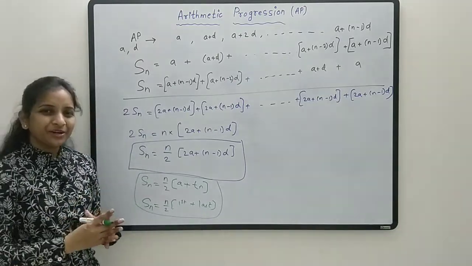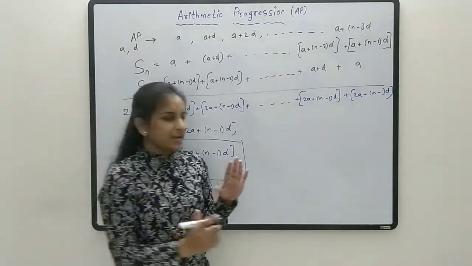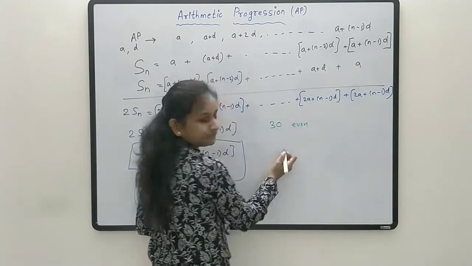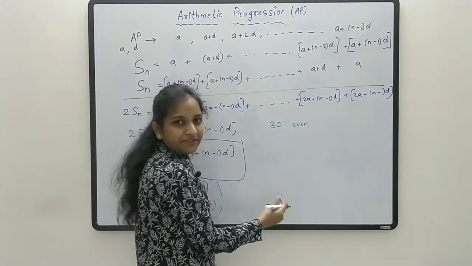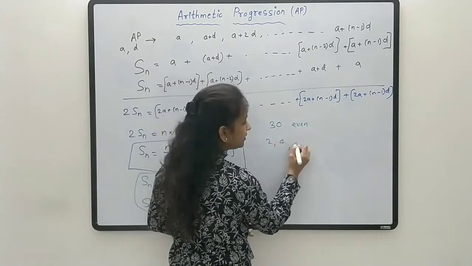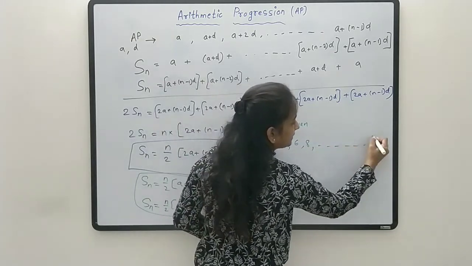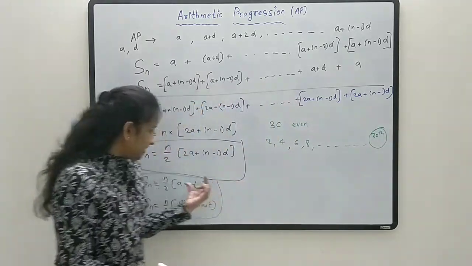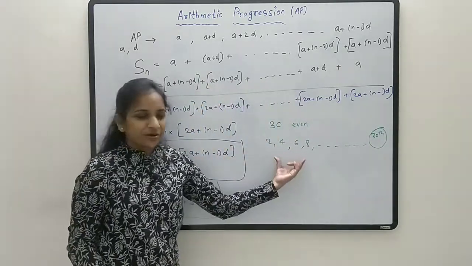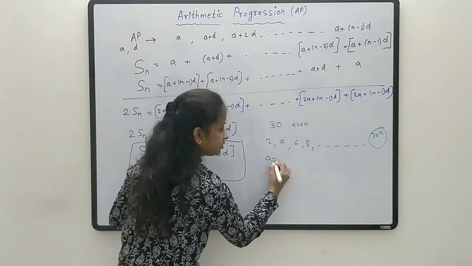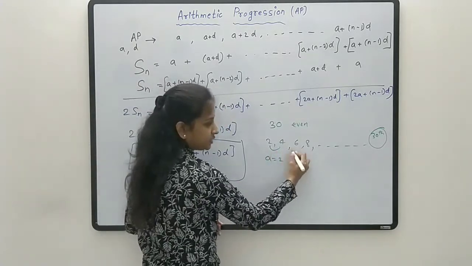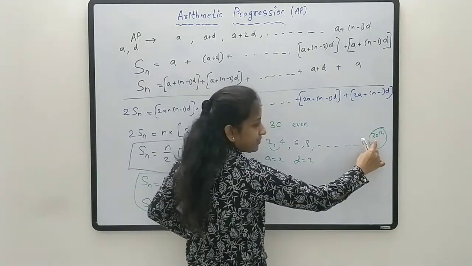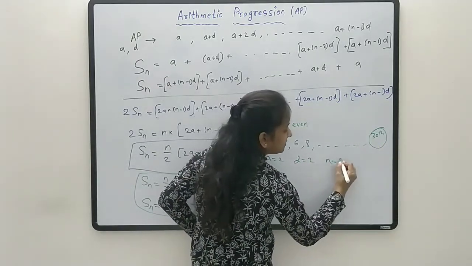Now let's come back to our previous example. Let's try to find sum of first 30 even numbers. Okay, first 30 even numbers will be 2, 4, 6, 8 like this, 30th term. Now using this formula we can find sum of this. Here a is 2, common difference is 2, so d equal to 2. We have to find sum of 30 terms, so n is equals to 30.